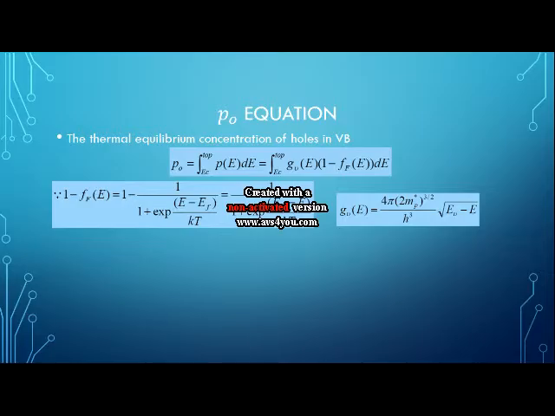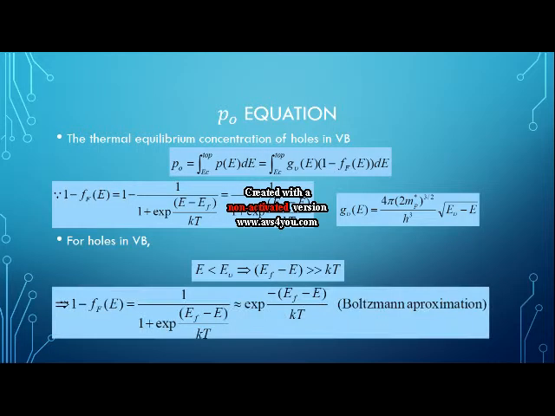The thermal equilibrium concentration of holes in the valence band, p naught, is equal to the integral from Ev to the bottom of g_v(E) times (1 minus f(E)) dE, where 1 minus f(E) is the probability density for holes in the valence band and is given as 1 over 1 plus exponential (EF minus E) over kT.